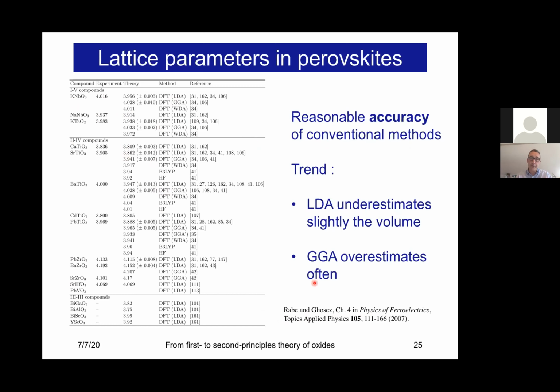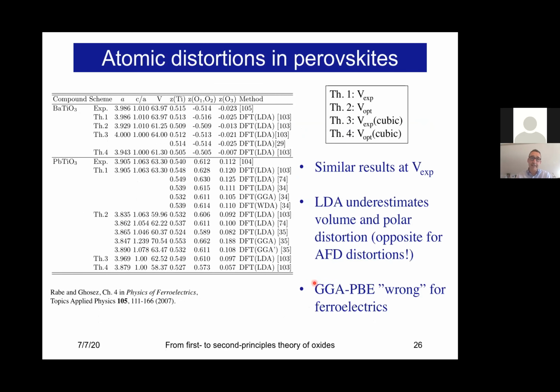So this is for the cell parameters. Now, if we look at the atomic distortion, here I am comparing the atomic distortion that we have in the ferroelectric phase of bismuth titanate and lead titanate. So what is the distortion between the paraelectric cubic phase and the ferroelectric phase? The atoms will move following a given pattern. And here I am just doing this relaxation of the atomic position, but at different constraints of my unit cell.